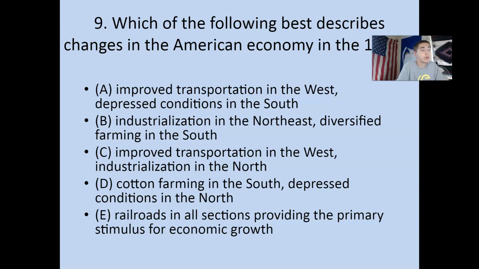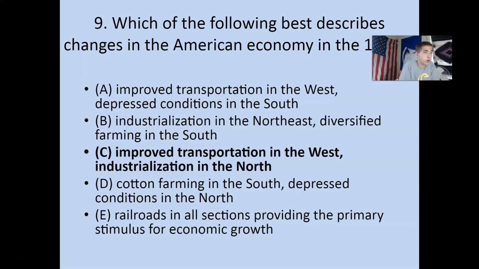C. Improved transportation in the West, industrialization in the North. D. Cotton farming in the South. Depressed conditions in the North. E. Railroads in all sections, providing the primary stimulus for economic growth. The answer is C.